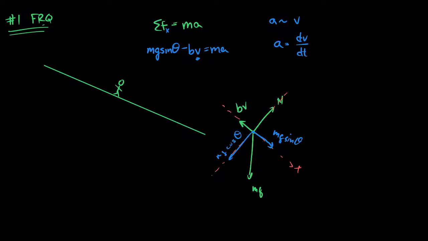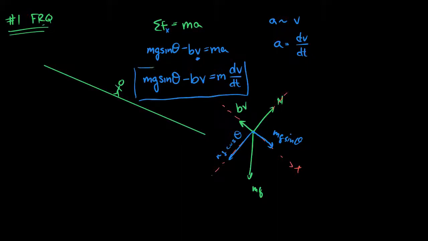So I can write acceleration in terms of the derivative of v. So my differential equation will be mg sine theta minus bv equals m dv dt. This is a differential equation that when solved would give me v as a function of time. That's as far as you have to go.